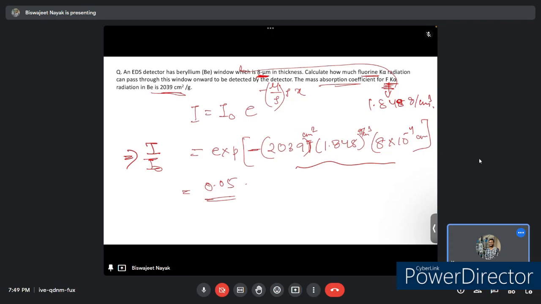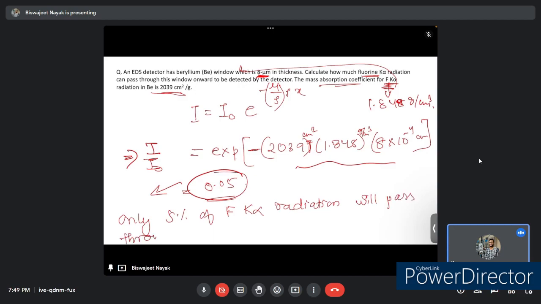So this result tells us only 5% of fluorine K alpha radiation will pass through beryllium.